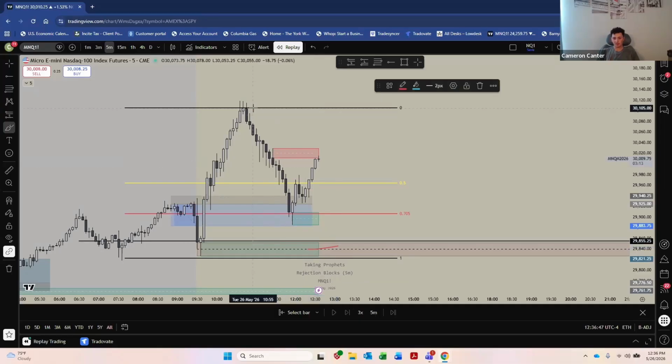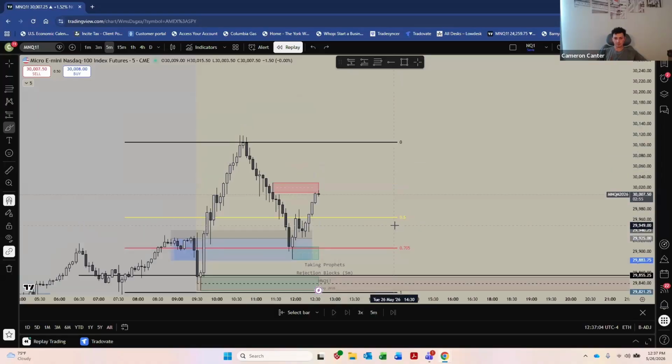And so anything that gets made on this move, in my opinion, is fraudulent. Same thing with this until we break highs, right? If we break highs and come down to this, then you can take it. If we stop here and come down to this, I personally would not take it because it's internal, not external.